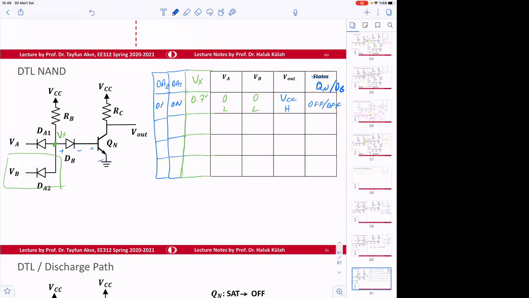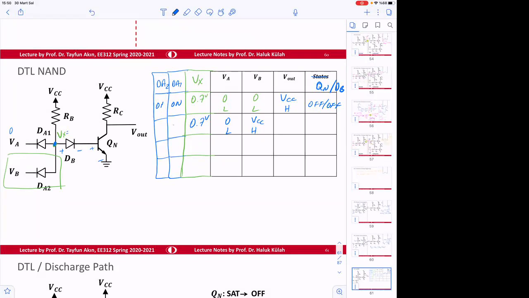Okay. So if we apply low, 0, here, and 5 volt or VCC here, that means we apply low and high. What is the voltage here, Vx? If one of the inputs is low, 0, this is going to be again 0.7. So this will still be 0.7 volts. And one of them is going to be on.